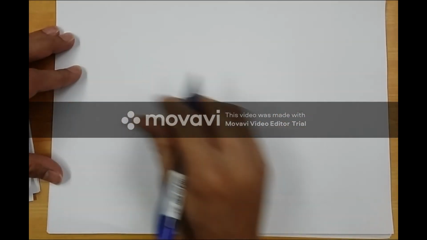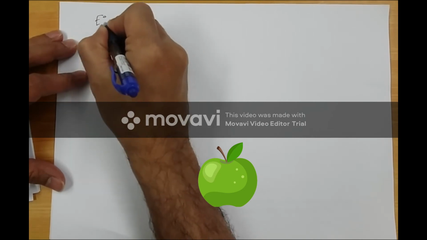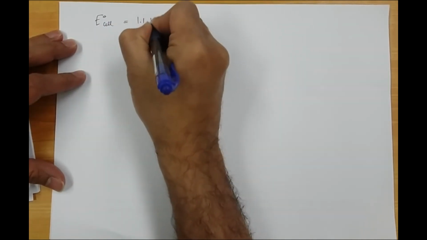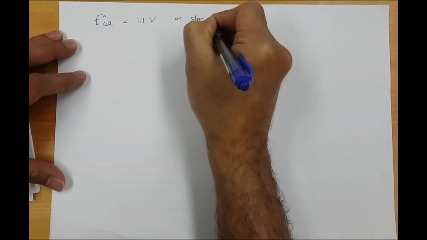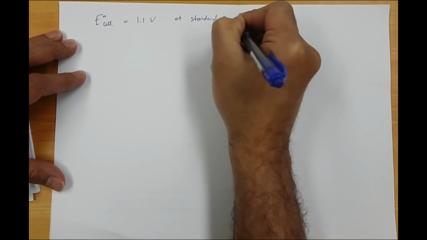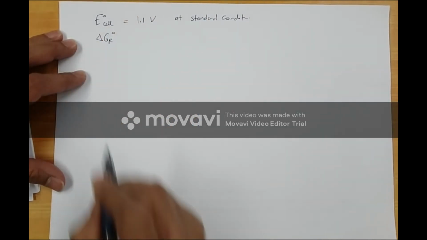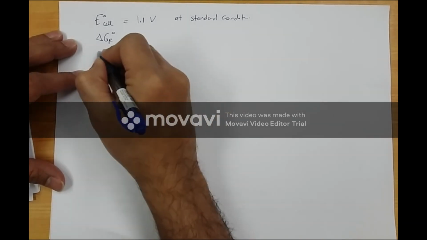Now, E naught of the cell for the Daniell cell is 1.1 volt. This is at standard condition, and this will give you the Gibbs free energy at standard conditions. But what happens if you're not at standard conditions?